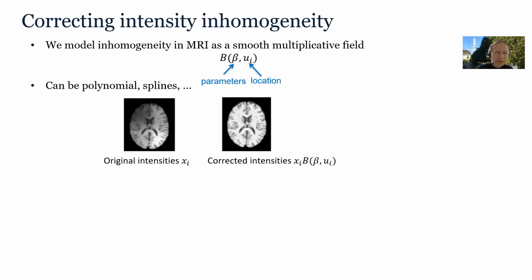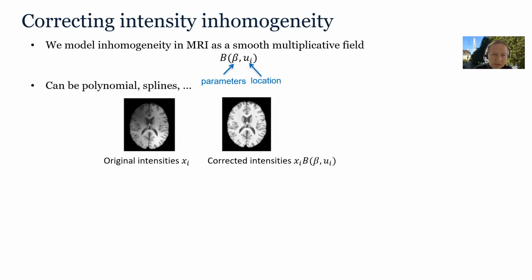So let's have a look at an example. For example, we could correct the intensity inhomogeneity during the segmentation within the EM framework rather than beforehand. First, we need to design a model for this intensity inhomogeneity.